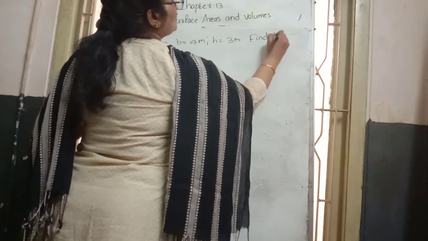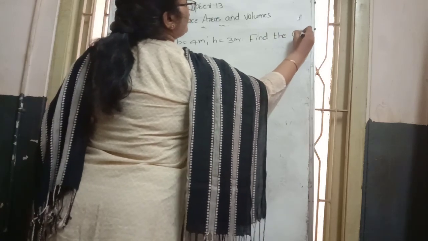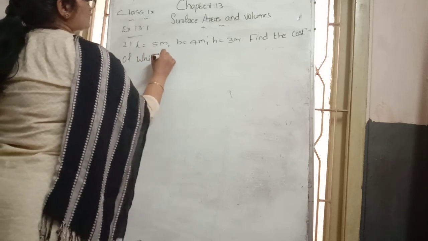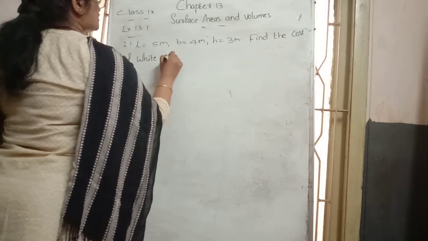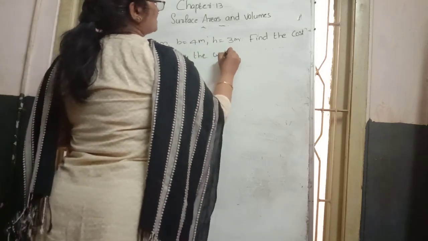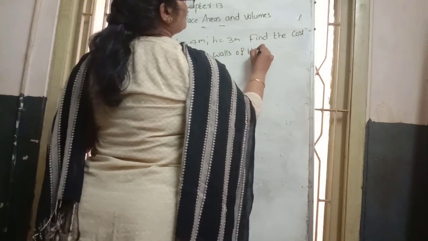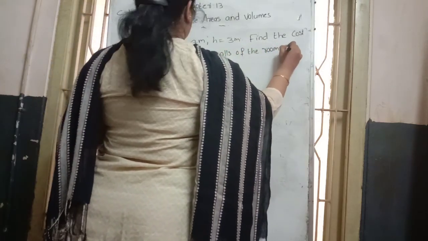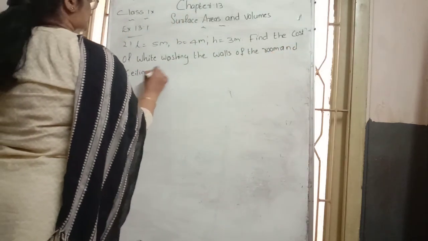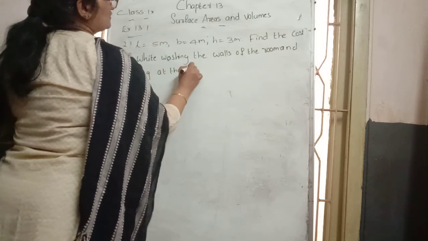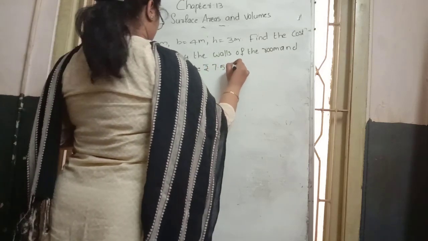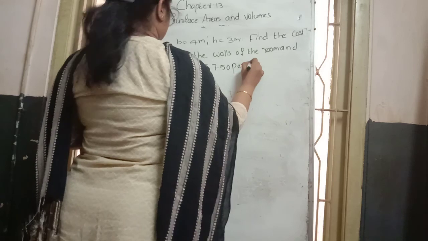Find the cost of whitewashing the walls of the room and the ceiling, at the rate of 1 meter square given as rupees 7.50, that means 7 rupees 50 paise per meter square.